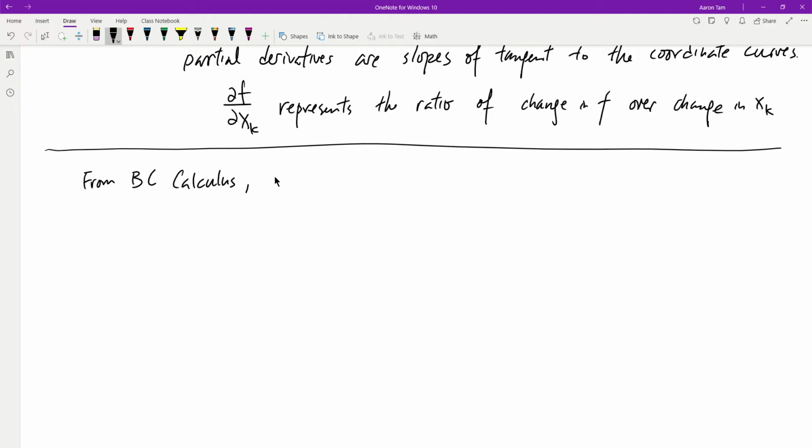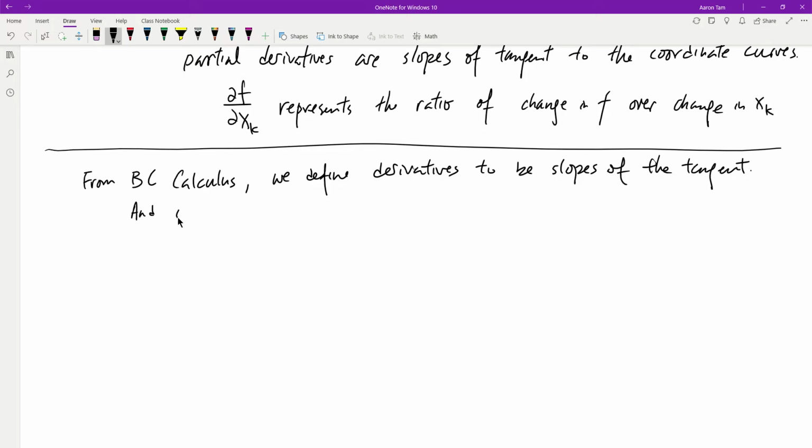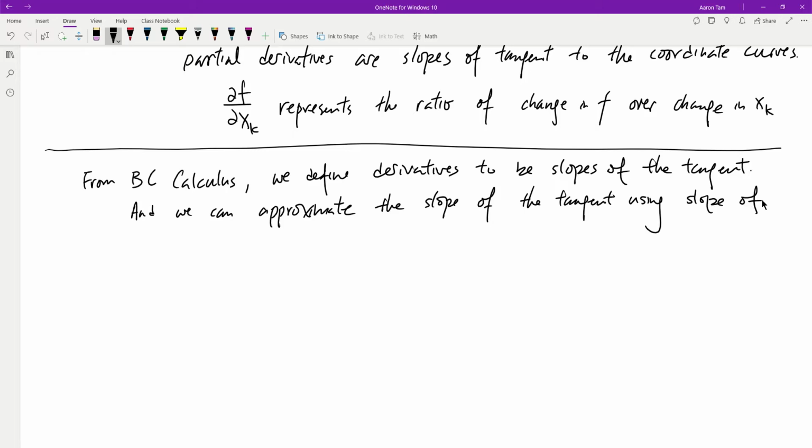So in BC calculus, we defined derivatives to be basically slopes of the tangent, and we can approximate the slope of the tangent using the slope of the secant.